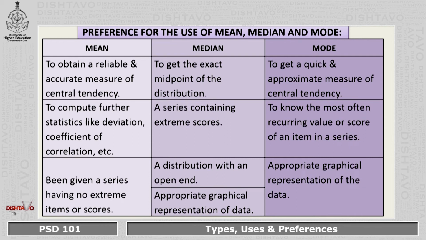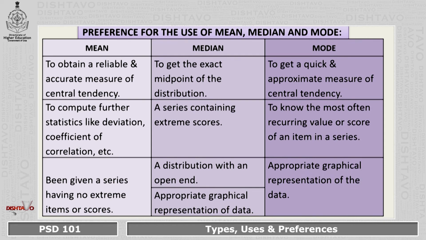We also make use of the median when there is a distribution with an open end. And we also make use of the median when there is appropriate graphical representation of data, or when the data is presented to us in the form of graphs.